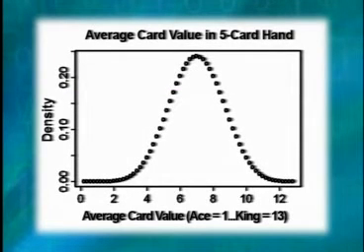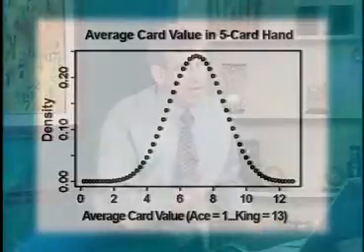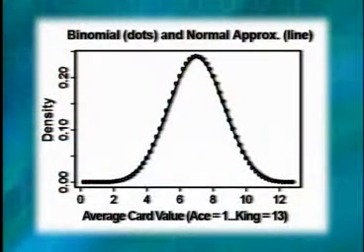The point is that no matter what you start with, as you take more samples of larger size and take their average value, you get a distribution that looks very much like a normal curve. And you can see here that we've superimposed this exact normal curve, the smooth curve, onto these dots, and you can see that the dots line up almost exactly onto that normal curve.